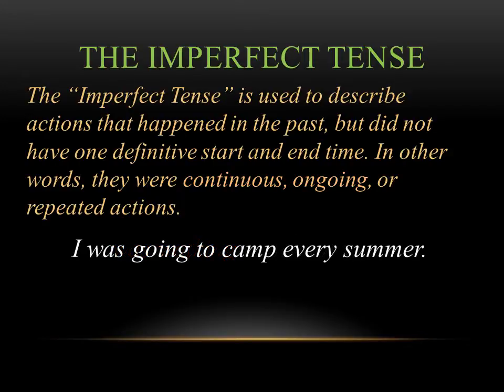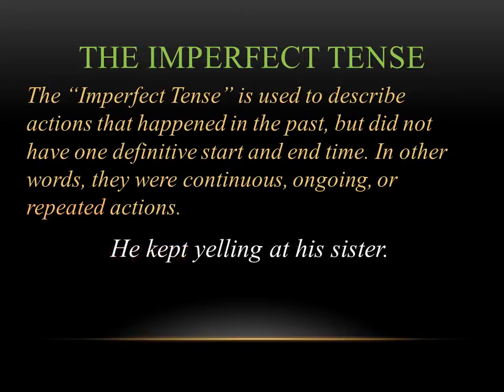It's an ongoing action. Let's try another. I was going to camp every summer. Again, we have the verb was going. This is a repeated action. Once you say I was going every summer, you're talking about it happening year after year after year. It's a repeated action. It's not one set time in the past. It's ongoing and repeated.